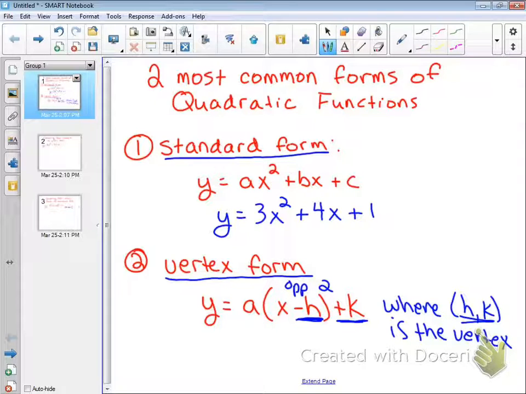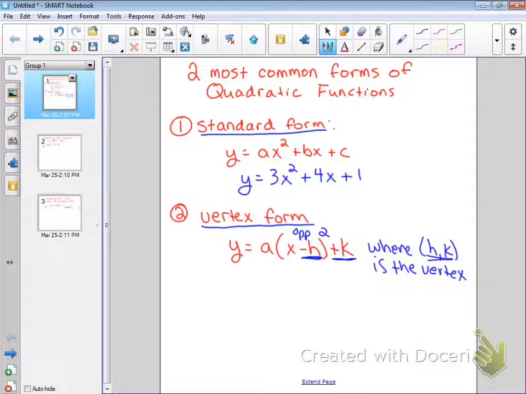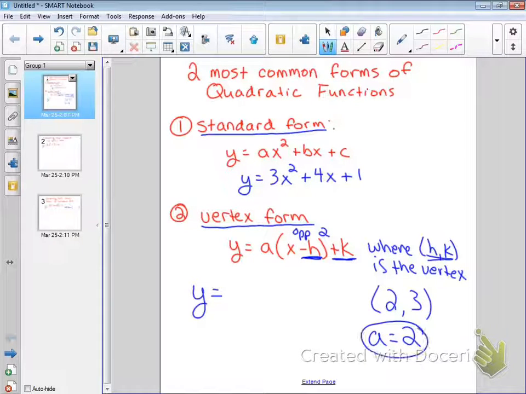Okay, so let's say that our vertex is 2, 3, and a is 2. So your vertex form would be y equals, for the a in front of the parentheses, we would plug in this 2.